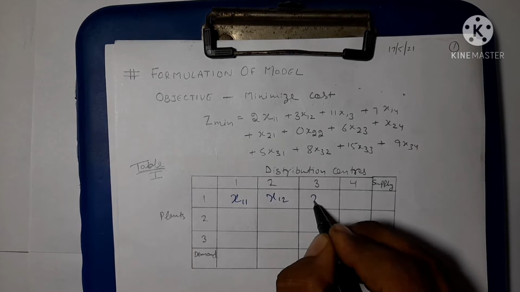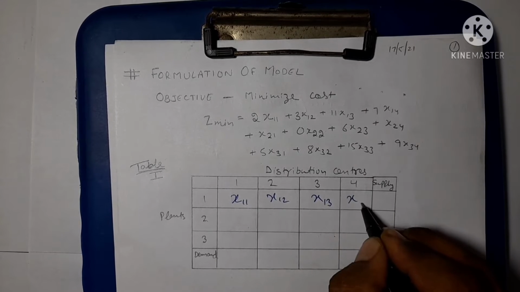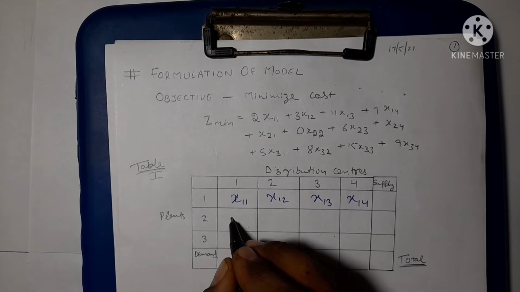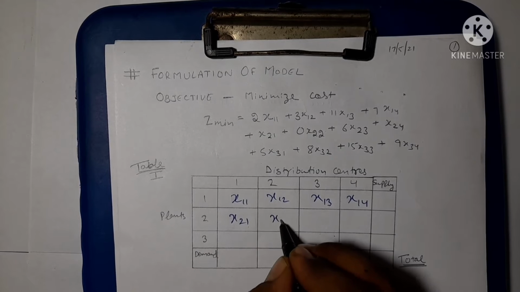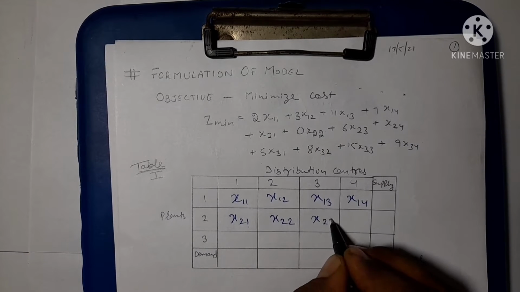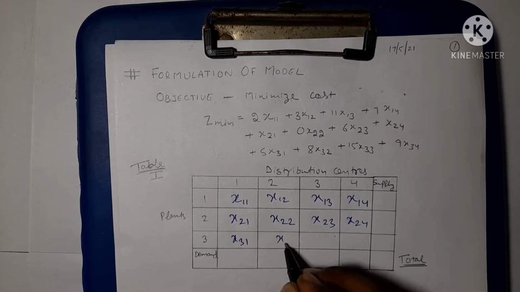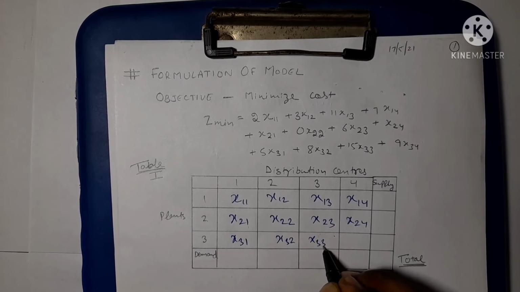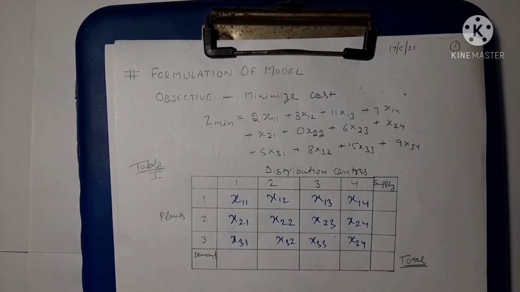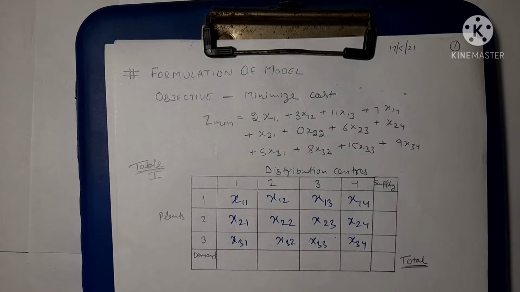Likewise x12, x13, x14, x21, x22, x23, x24. These are all the quantities for which the cost is given in the question.